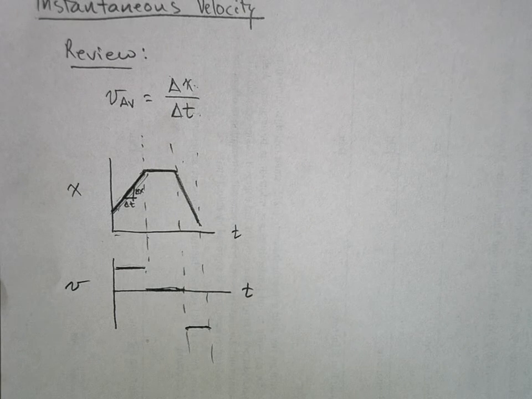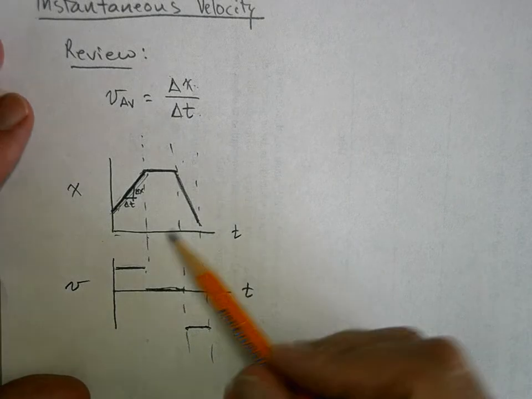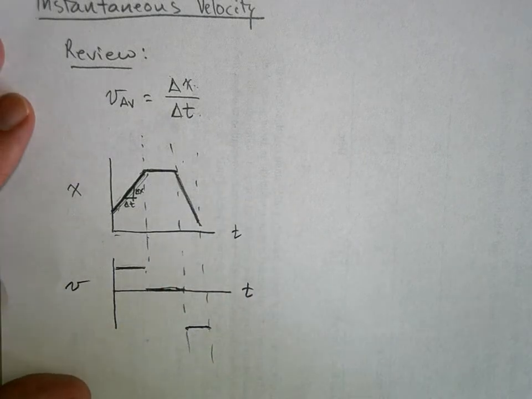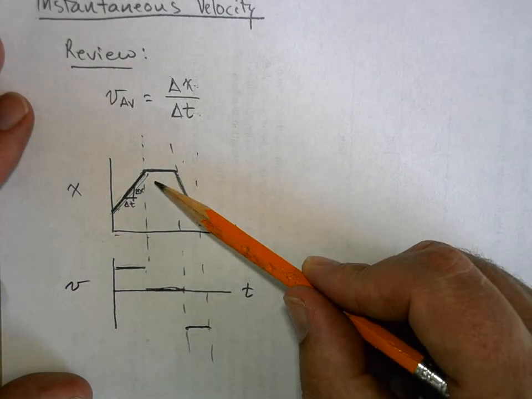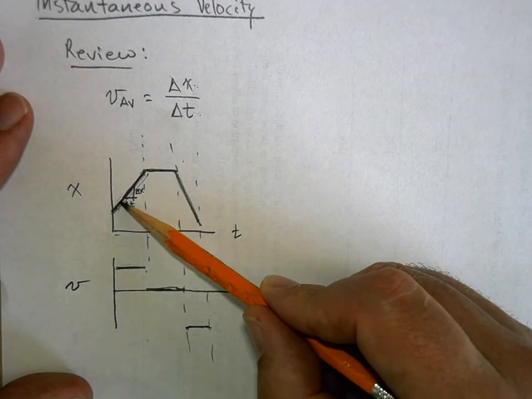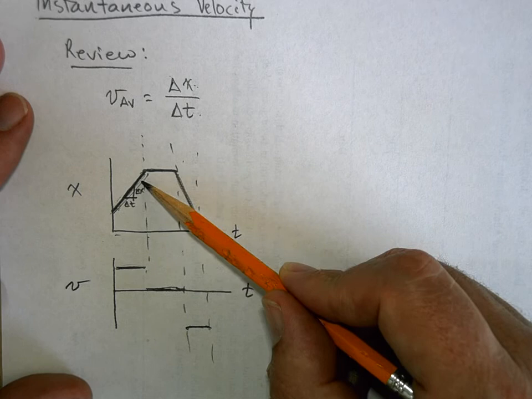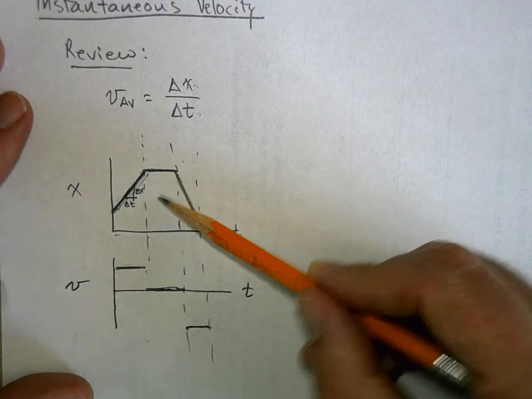But now we're going to deal with a more difficult situation, a more realistic situation. Look, objects really don't move this way, do they? You don't move with a constant velocity and then instantaneously stop.